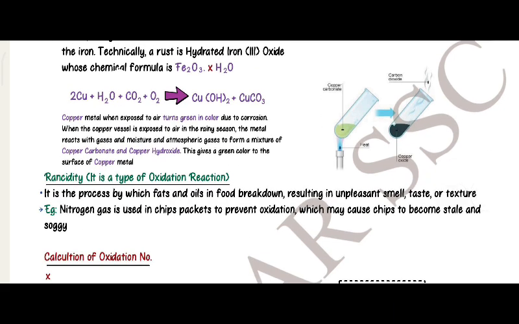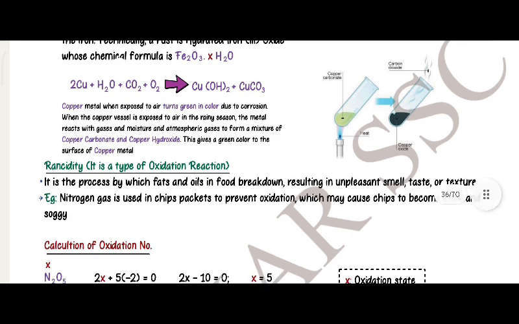2Cu plus H2O plus CO2 plus O2 gives Cu(OH)2 plus CuCO3. Copper metal, when exposed to air, turns green due to corrosion.